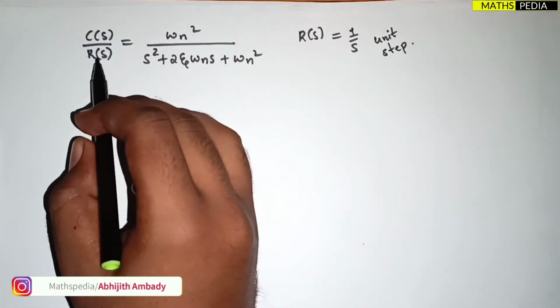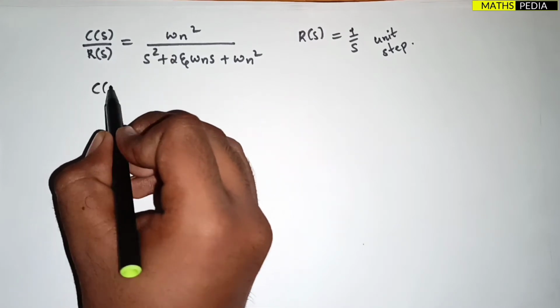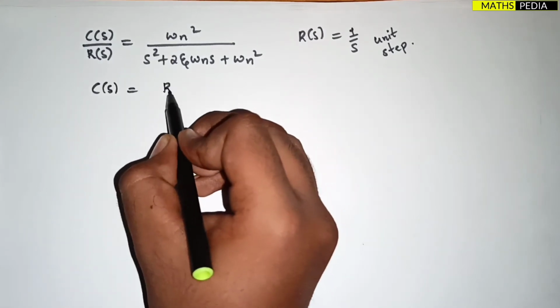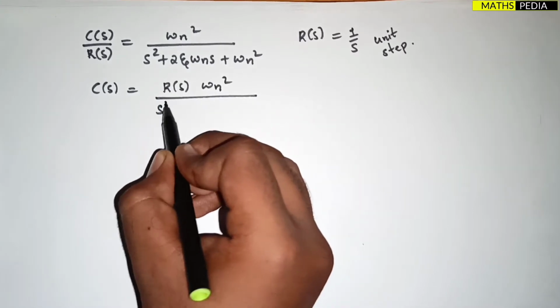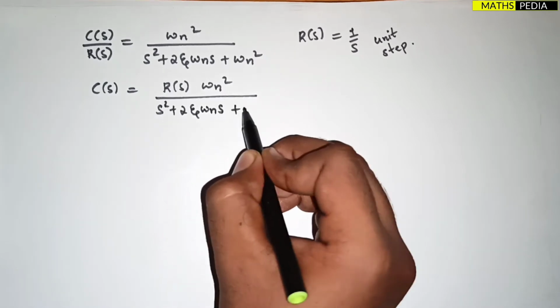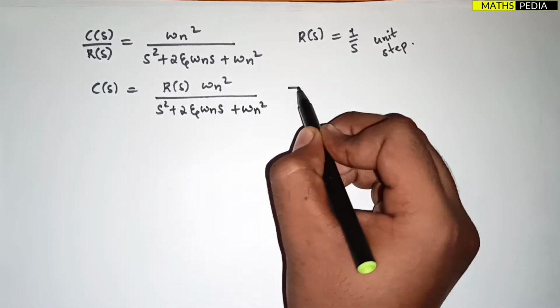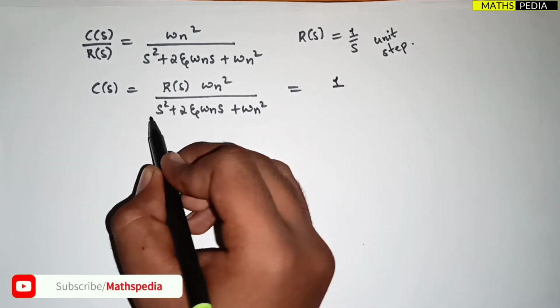Now when I multiply R of s that side, what will happen? C of s is equal to R of s into omega n square by s square plus 2 zeta omega n s plus omega n square. R of s is 1 by s, so 1 by s I can bring it down.